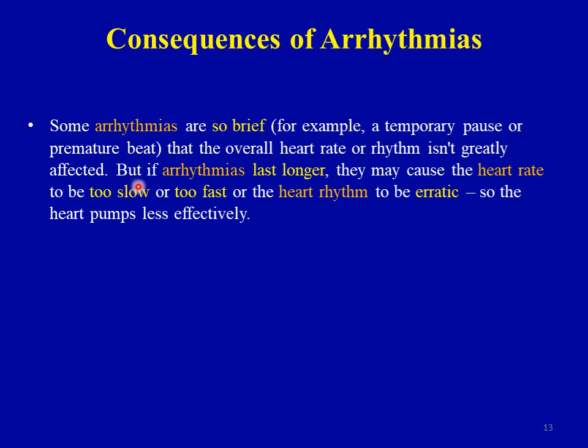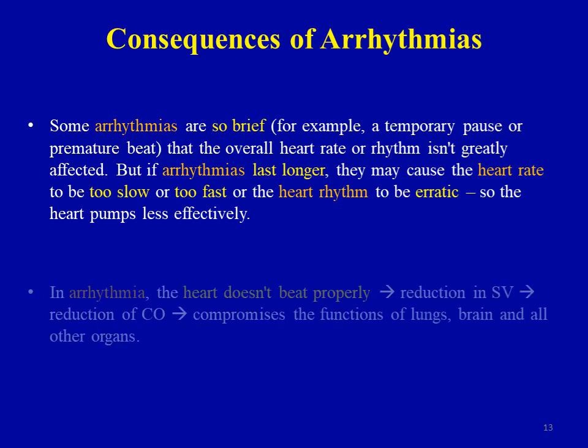But other arrhythmias, especially if they last long, might cause the heart to be too slow or too fast, or the rhythm too erratic or very chaotic, so the heart pumps less effectively. In such conditions, the cardiac output will decrease dramatically, and this will affect the blood supply of the vital organs like the brain and the heart.